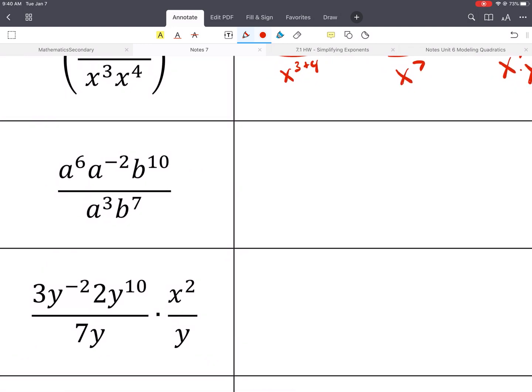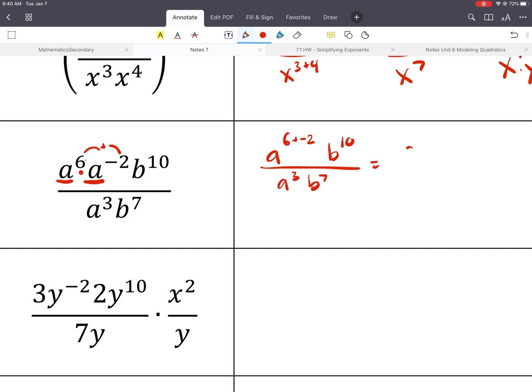We could simplify everything that's on the top, and then we could simplify everything that's on the bottom. So these are being multiplied. They have the same bases, so we'll add those exponents. So that'd be a to the 6 plus a negative 2. And then we have b to the 10. On the bottom we have a to the 3rd and b to the 7th.